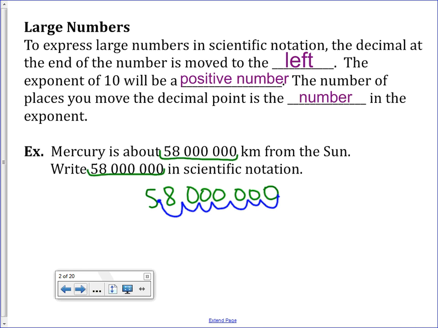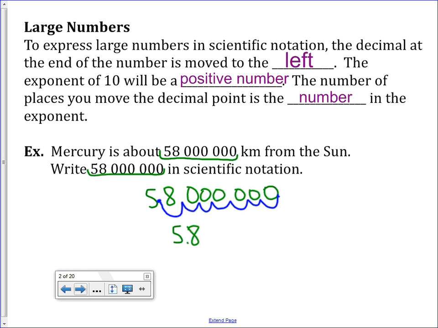So in this case, we have to place the decimal in between the 5 and the 8. So that number that we start off with is going to be 5.8. We don't write the zeros afterwards. And we'll discuss when we write zeros and when we don't write zeros later on. But for now, we don't write those zeros.